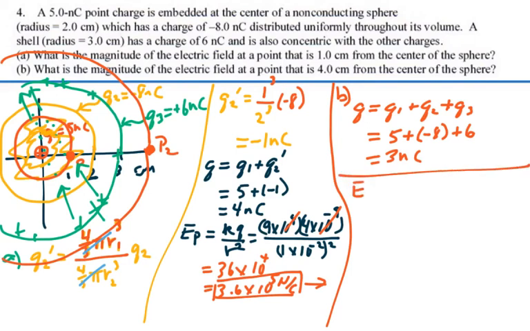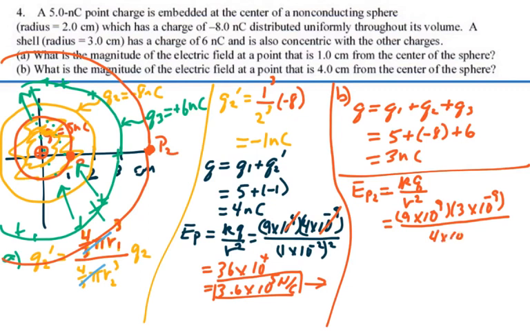So our E field at point, let's call it P2, is going to equal KQ over R squared. And that's going to be 9 times 10 to the 9 times 3 nanocoulombs, 3 times 10 to the minus 9, over, and point P2 is 4 centimeters from the center, so that's going to be 4 times 10 to the minus 2 squared.